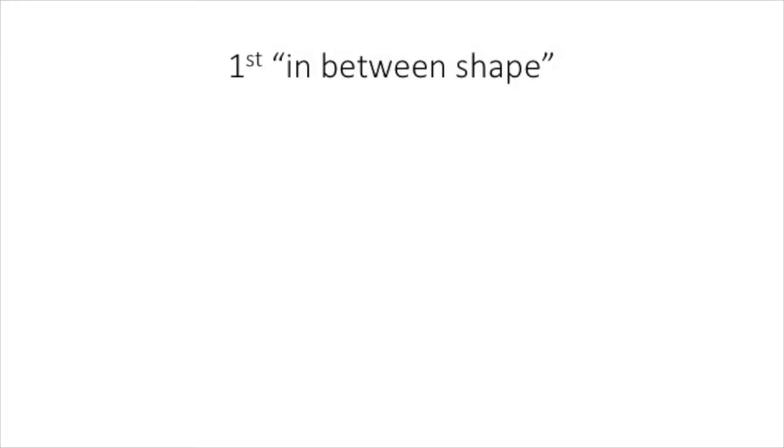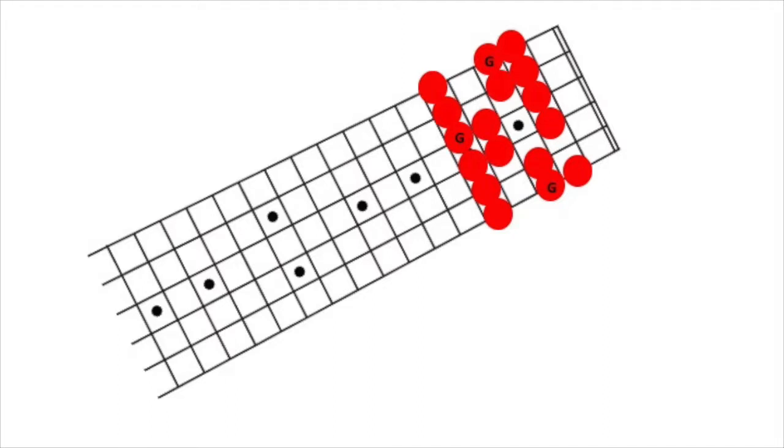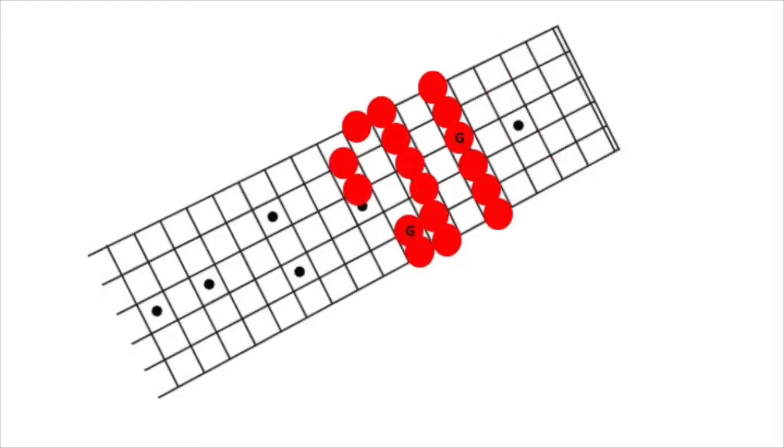So the first one that's kind of hidden, let's again go back to the key of G, and let's play the G major scale as we learned. I think we call this the first shape, right? And then the next shape, we have to go up here.